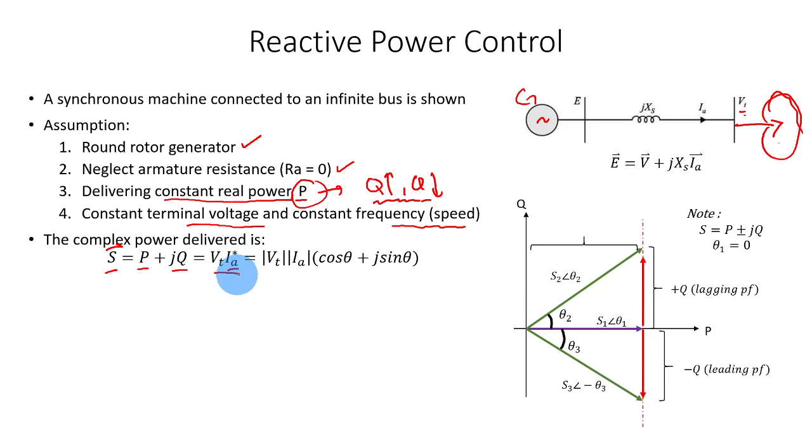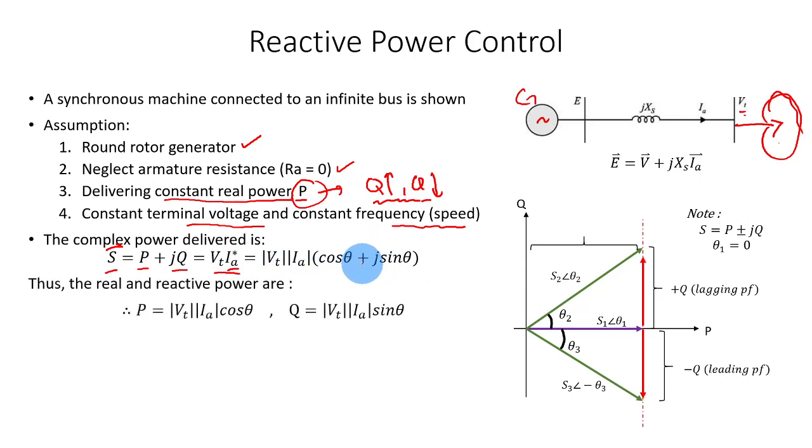This is the basic power formula. Then we can split it into two, which is VT IA cosine theta plus j sine theta. So from here we can derive the formula for the real power. This is per phase.